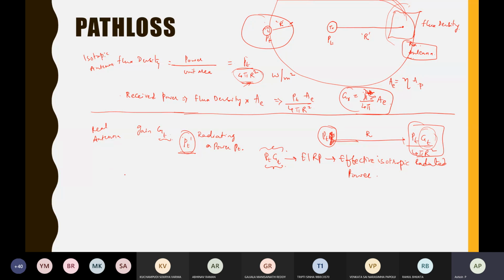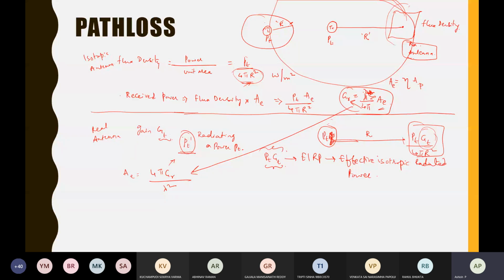Then AE is equal to lambda square GR by 4 pi. So there is a formula relating gain and effective aperture. What is GR? GR is the gain of the receiving antenna.